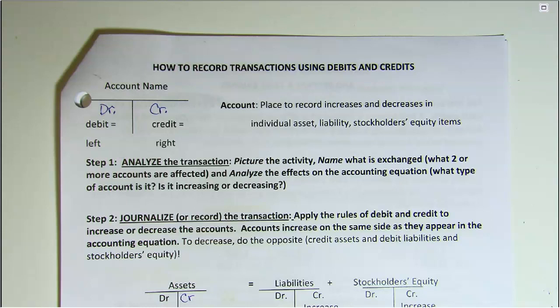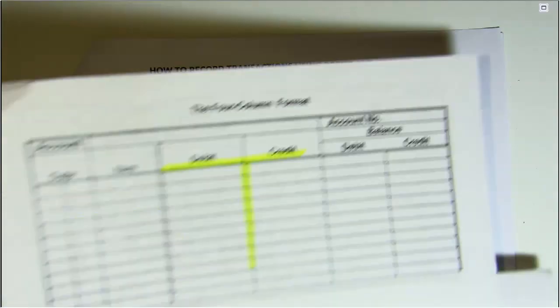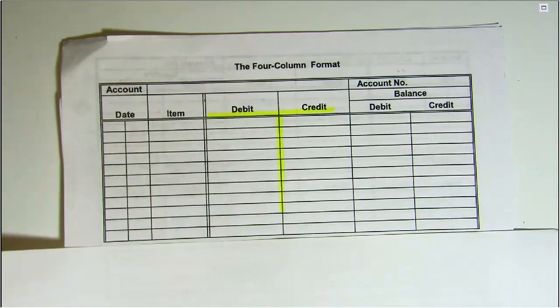Now, in the real world, we wouldn't be using these simple T's to represent our accounts and to record activity. We would be using fancier paper, and let me show you what it looks like. It's called the 4-column format.